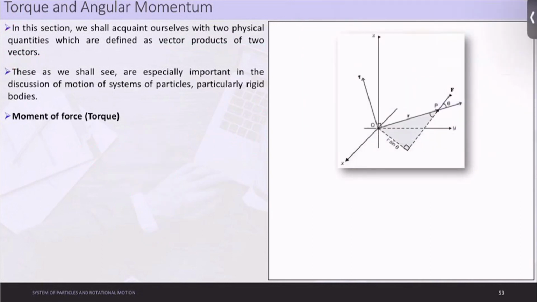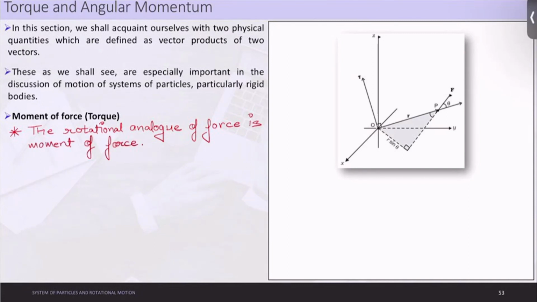First of all, let me make you understand this concept using this analogy. The rotational analog of force is moment of force.